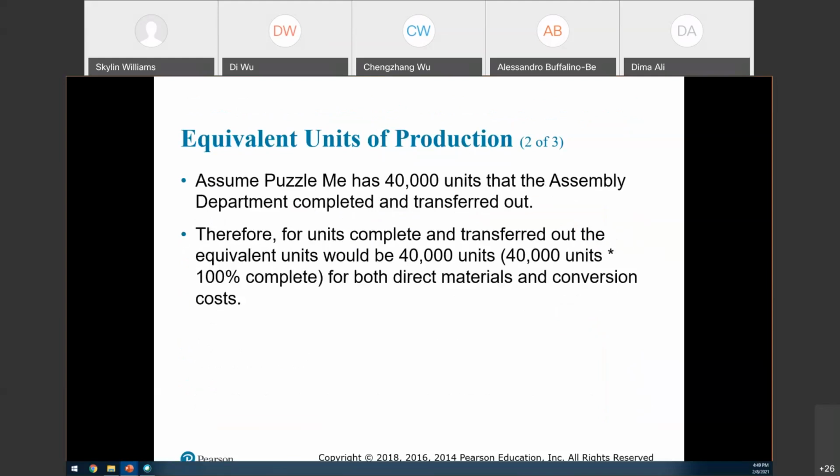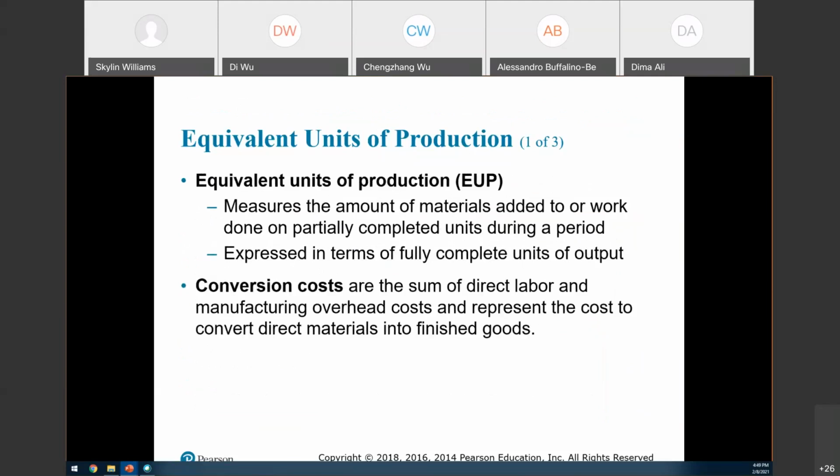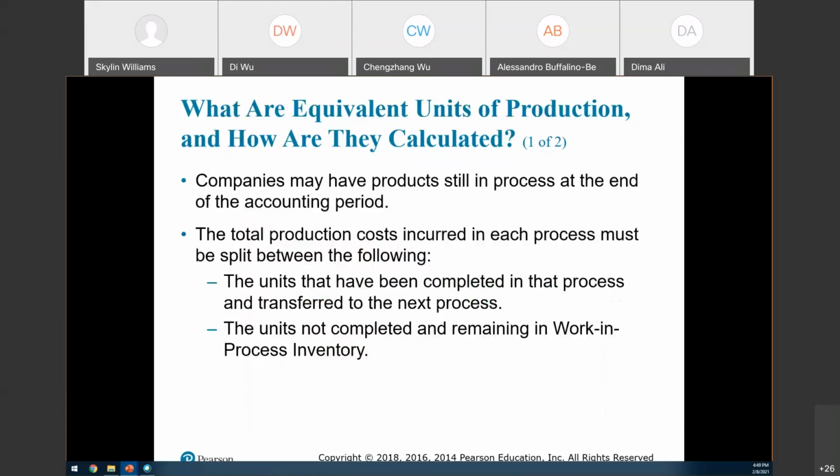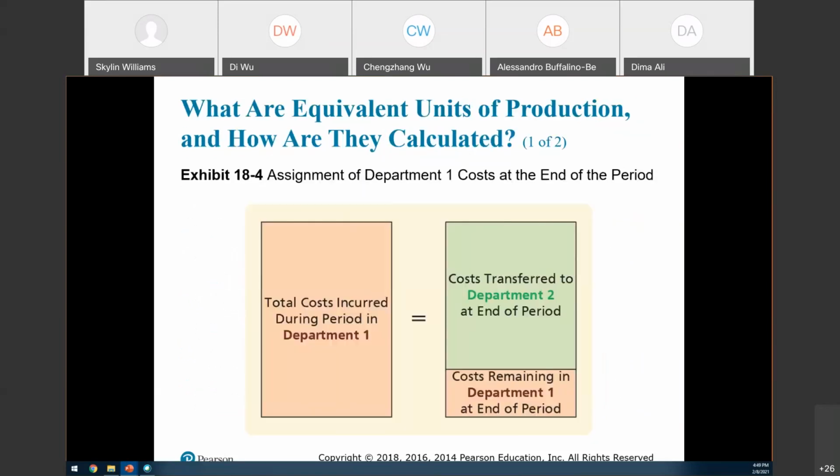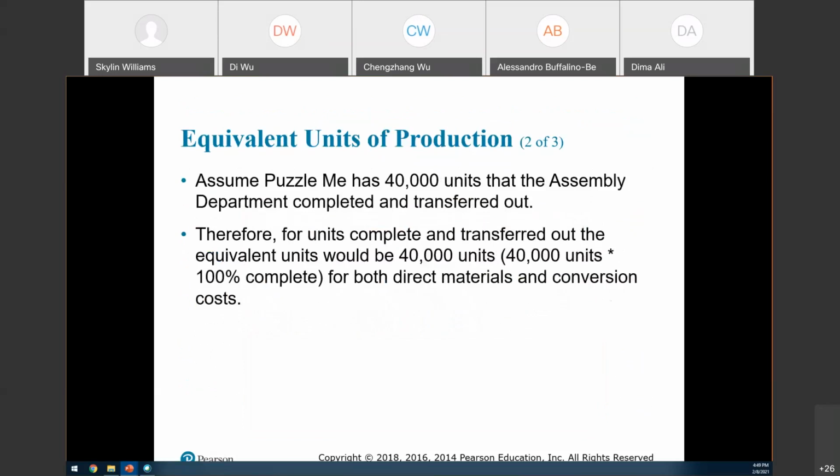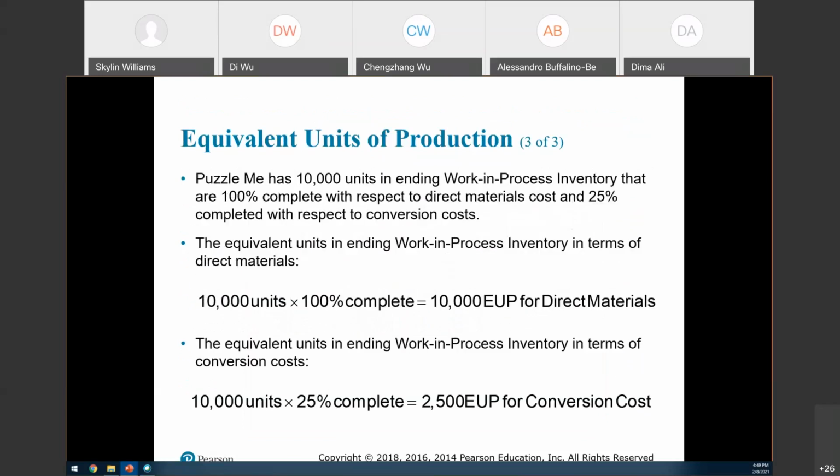If you can remember these slides, well, in this slide, for the direct materials, because it is added at the beginning of the production process, it is fully completed in regard to EUP.